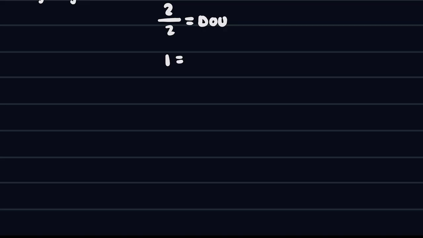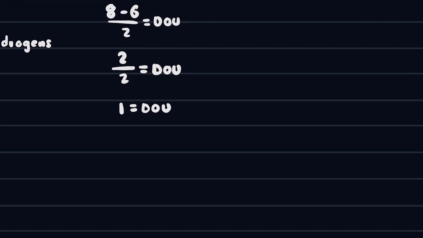And so we get that we have 1 degree of unsaturation for this compound. And that means we either have 1 ring or 1 double bond, which I have not been so formal about, but these double bonds are called pi bonds. I will start referring to them as such from now on.